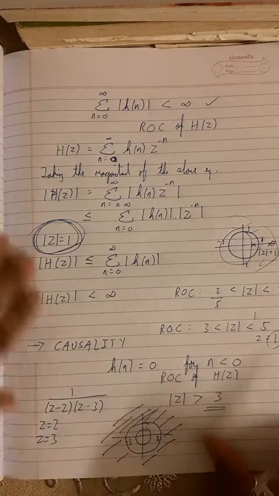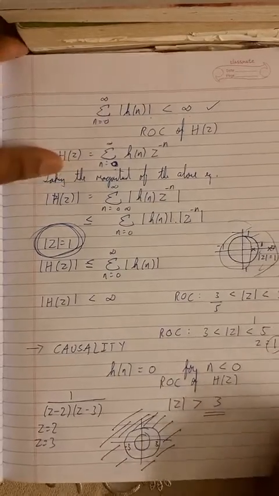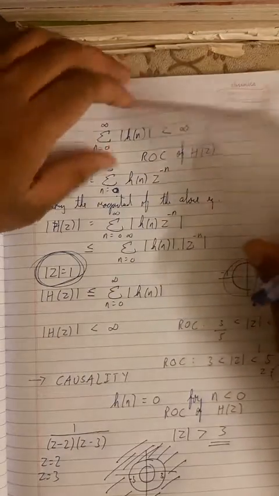Okay, so let me just review how to check whether the systems are stable and causal.